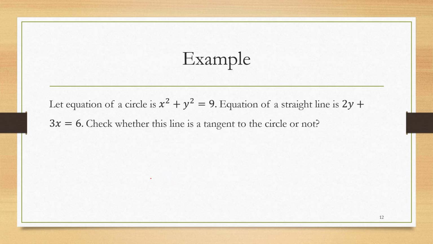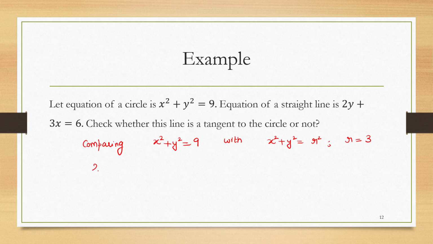So let's see an example. The equation of a circle is x square plus y square is equal to 9. So comparing the equation of the circle with the standard form, that is x square plus y square is equal to r square, we get r is equal to 3.